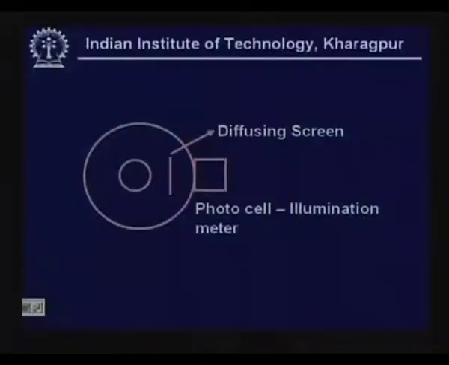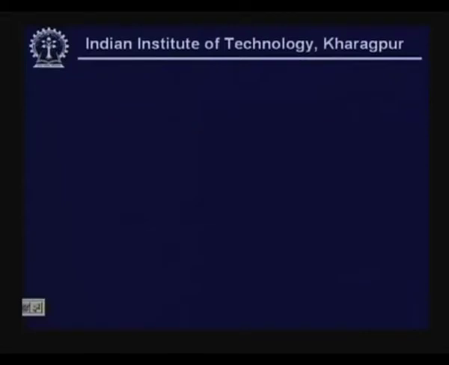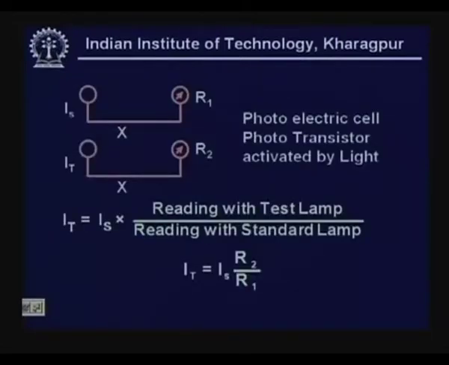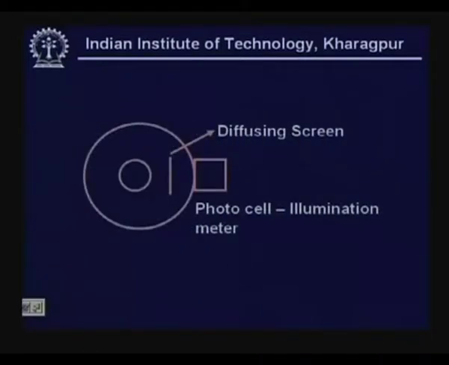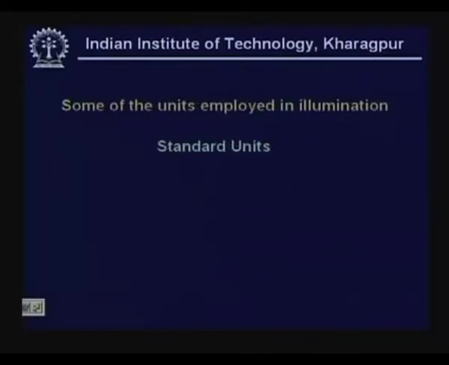Initially we keep a standard lamp at the center representing the smaller circle, observe the reading on the photocell, then replace it by the test lamp and repeat, and then you have the reading. The luminous intensity of the test lamp would essentially be the luminous intensity of the standard lamp multiplied by R2 over R1. So this is how a photocell looks.